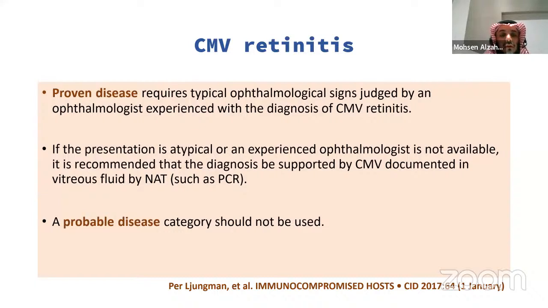So proven disease here requires typical ophthalmological signs judged by an ophthalmologist experienced with the diagnosis of CMV retinitis. So here you need an experienced ophthalmologist, and fortunately we have one in our center who is well experienced to diagnose CMV retinitis.